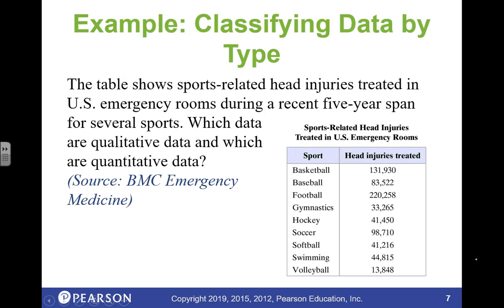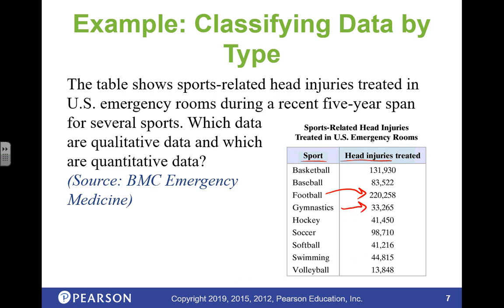So here's an example. This table relates the number of head injuries to the sport. As is probably to be expected, there are more head injuries in football listed than in any of these other categories.